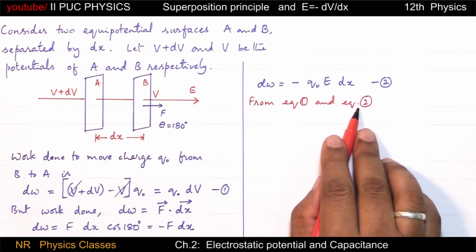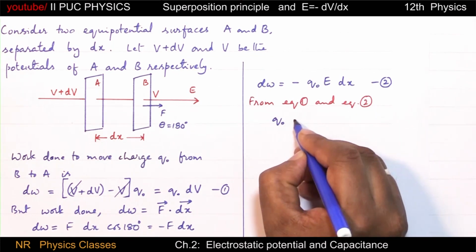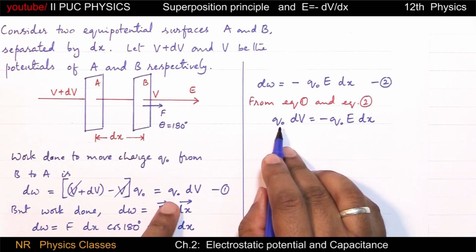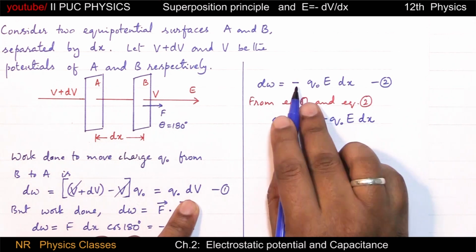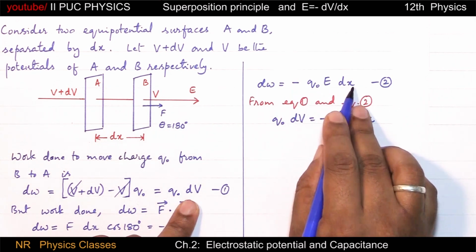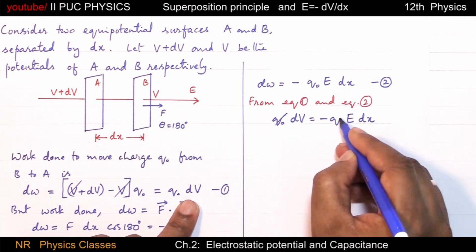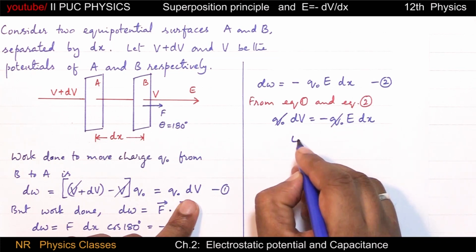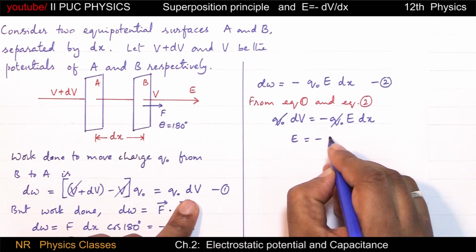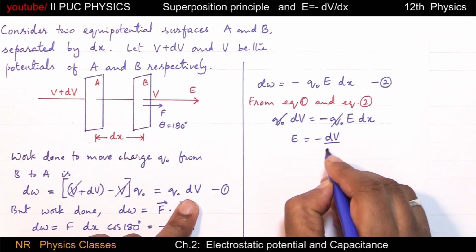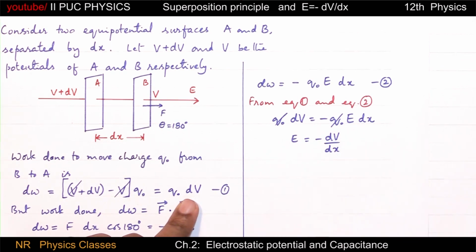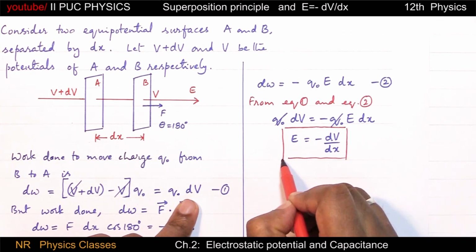From equation 1 and equation 2, equation 1 is Q0 dV, this equals minus Q0 E into dx. So Q0 cancels. So E equals minus dV by dx. This is the required expression.